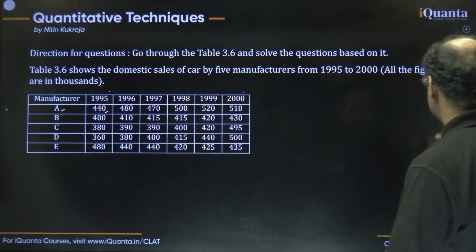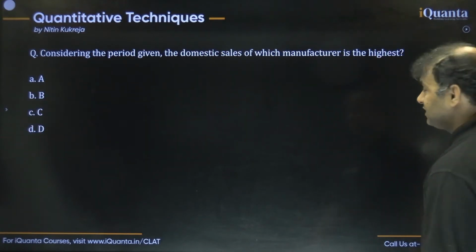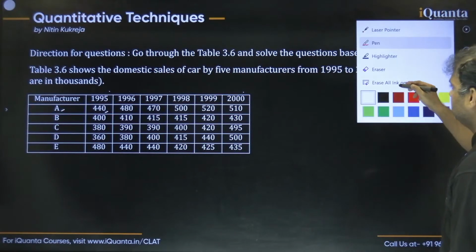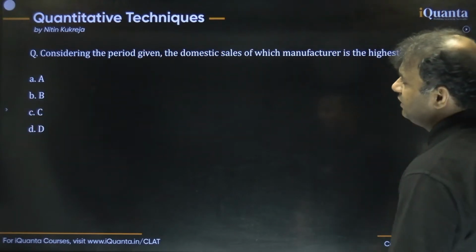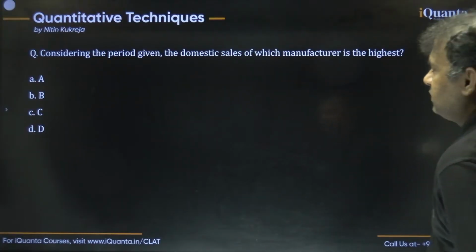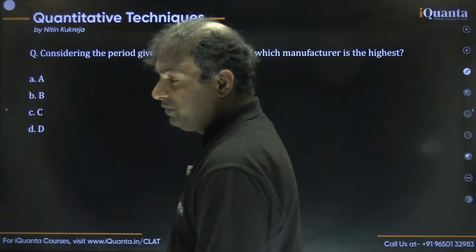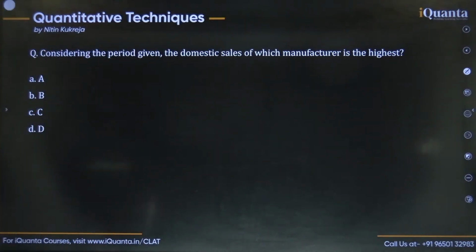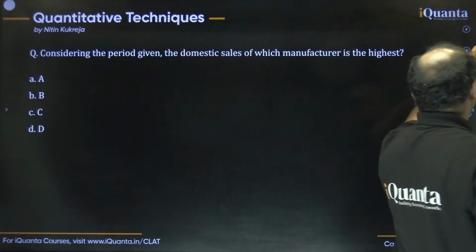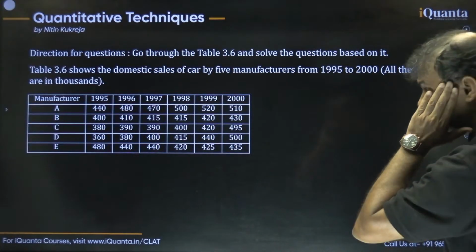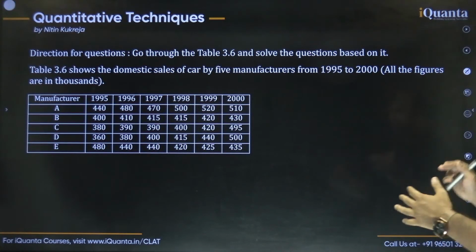Let's quickly start with the questions. It doesn't have very difficult questions. The first question says: considering the period given, the domestic sales of which manufacturer is the highest? Do you remember we have 5 manufacturers from A to E, and 6 years from 95 to 2000?